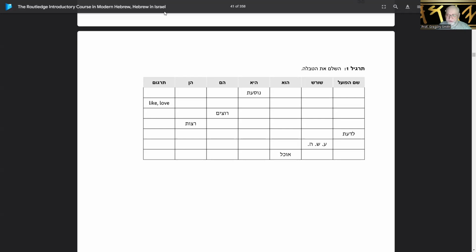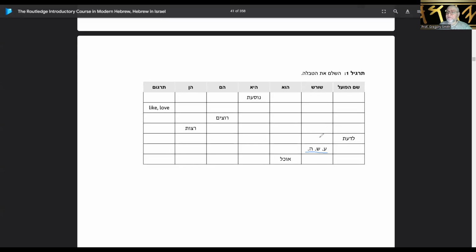So let's go to our next one here. We have the Shoresh. The Shoresh is all that's given to us. The ayin, the shin, and the hey. Okay, so with that knowledge, asa is the do or make verb form, and so the shem hapuel is la asot.